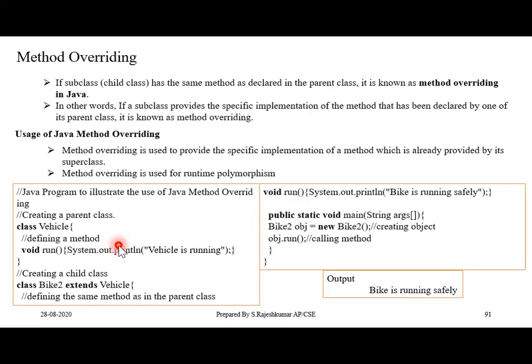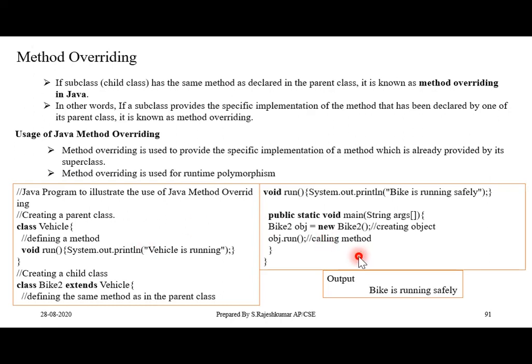When class Bike2 extends from class Vehicle, the void run method from your superclass virtually has a copy over here also. The same method exists in your superclass also. So this is called method overriding.